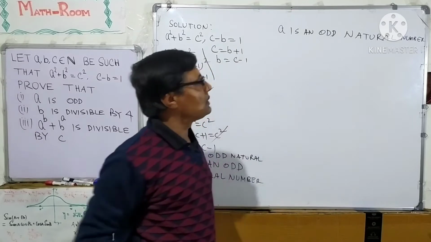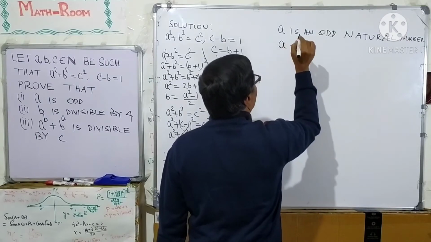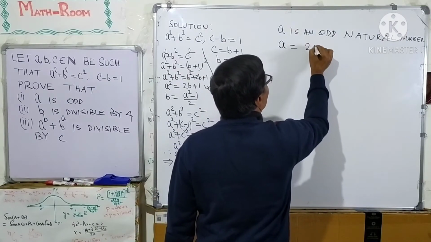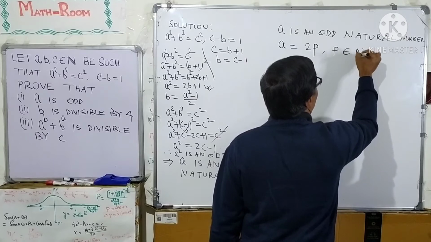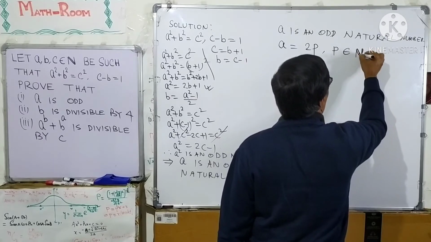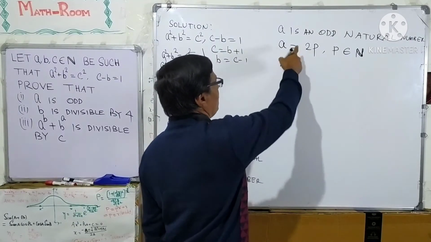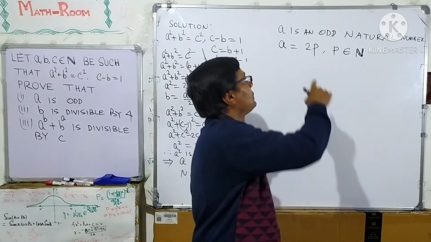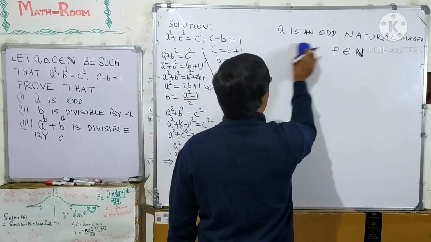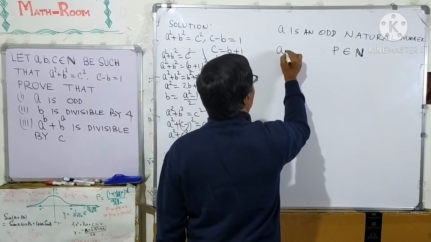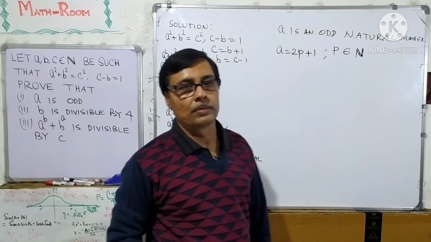Now a is an odd natural number, as we have already got, so a can be expressed as 2p plus 1, where p belongs to the set of natural numbers.